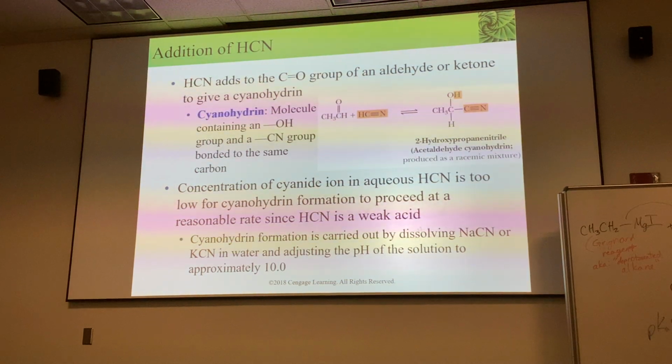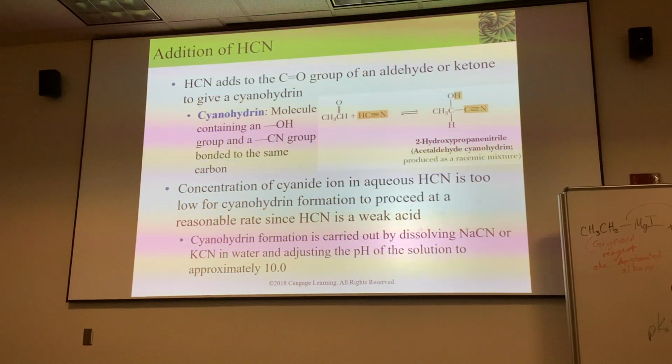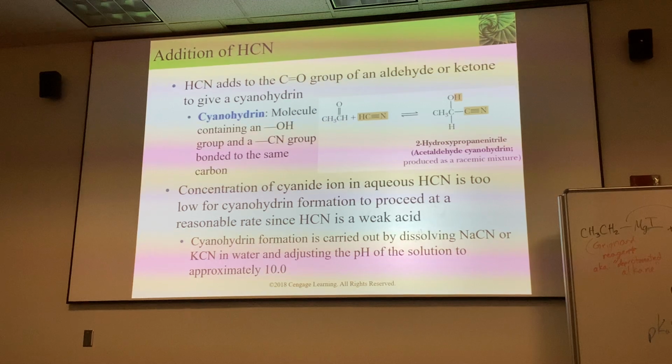Okay, addition of HCN, cyanohydrin. Let's see, we are going to add cyanic acid. Right, that's not cyan. Yeah, no, cyanide is the ion. So we're gonna add cyanic acid to the carbonyl group of an aldehyde or ketone to give a cyanohydrin. A cyanohydrin is basically just, it's got a CN group and it's got an alcohol group.